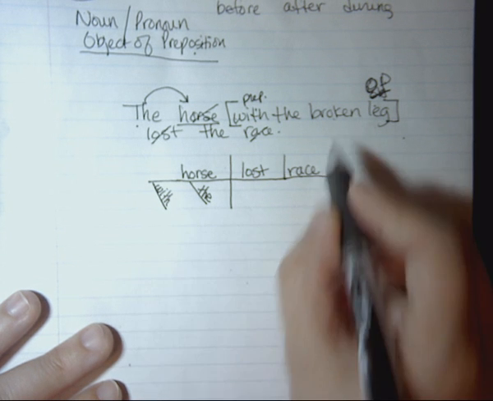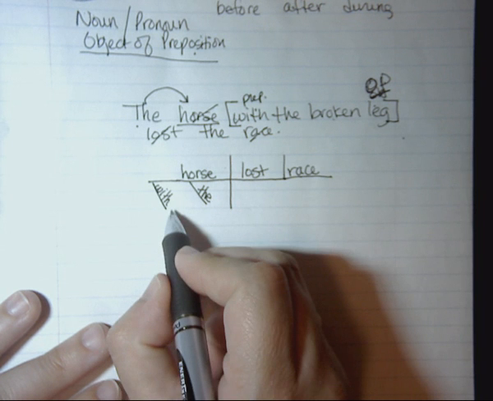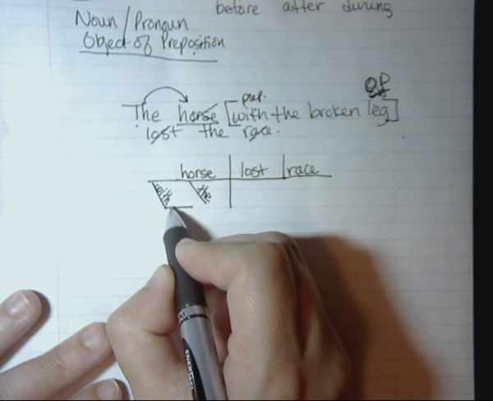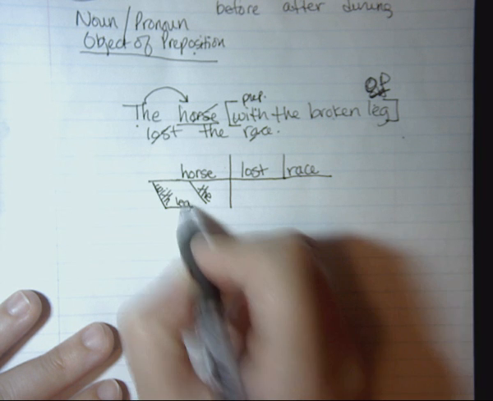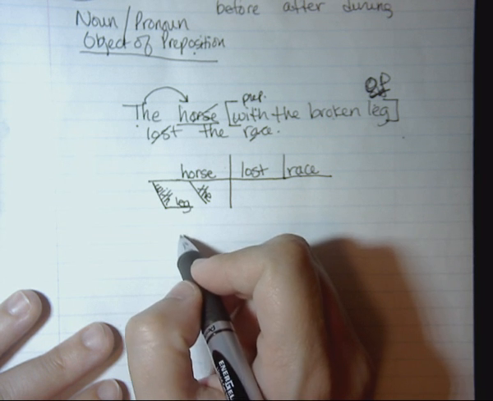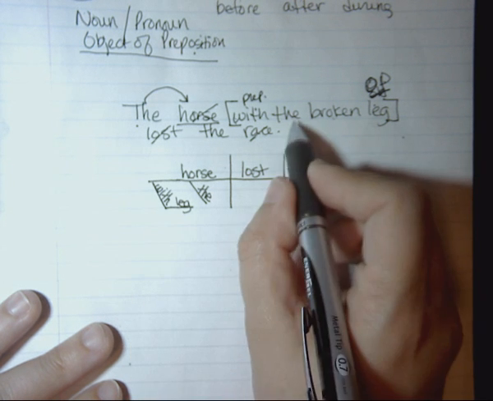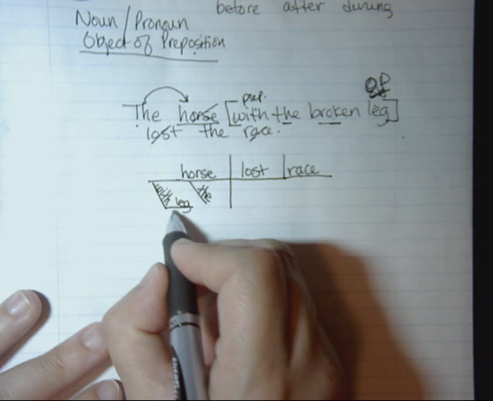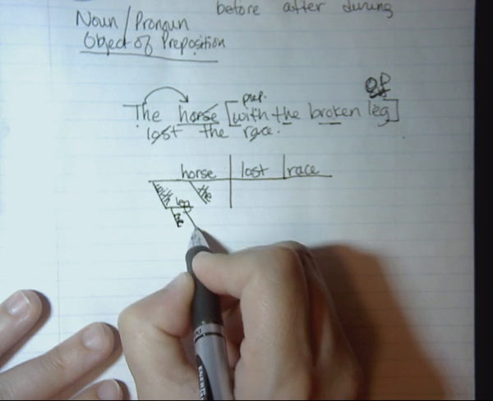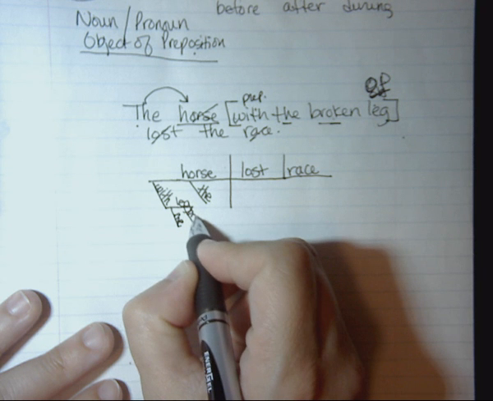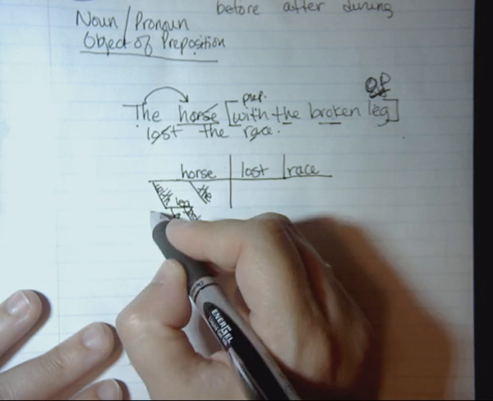Now, because this needs to stay together, we're going to connect it to the preposition, and then we're going to connect the object with leg. But all the horses have legs. At least we hope so. So we need to put the and broken to modify or describe leg. Okay, and there's our prepositional phrase.